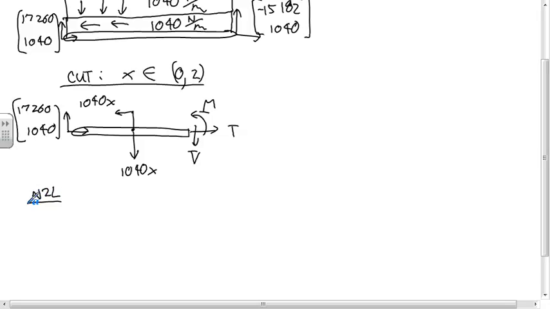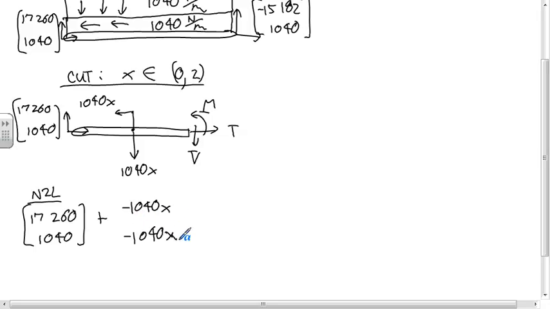So Newton's second law says 17,260, and then y component of 1040, plus negative 1040x, negative 1040y, another negative 1040x, sorry, plus t negative v is equal to zeros.